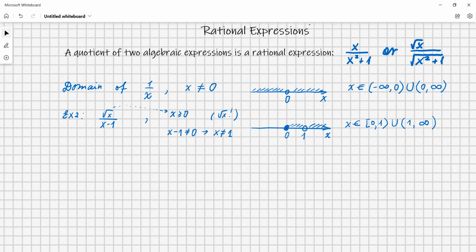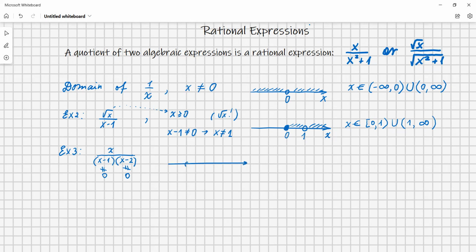Well, another example of finding domain. Example number 3. A more complicated rational expression, x divided over x minus 1, and second parenthesis x minus 2. Here we have a product of two factors. Each one cannot be equal to 0, right? Which is going to exclude from x two different points.